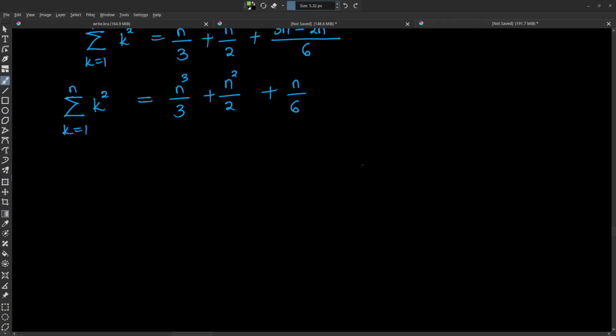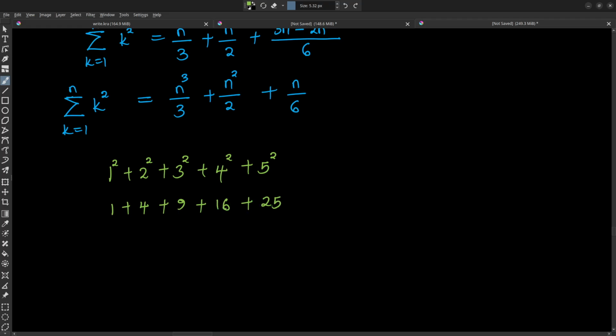So we want to find 1 squared plus 2 squared plus 3 squared plus 4 squared plus 5 squared, right? Let's first do this manually. 1 squared is 1, plus 2 squared is 4, plus 3 squared is 9, plus 4 squared is 16, plus 5 squared is 25, right?